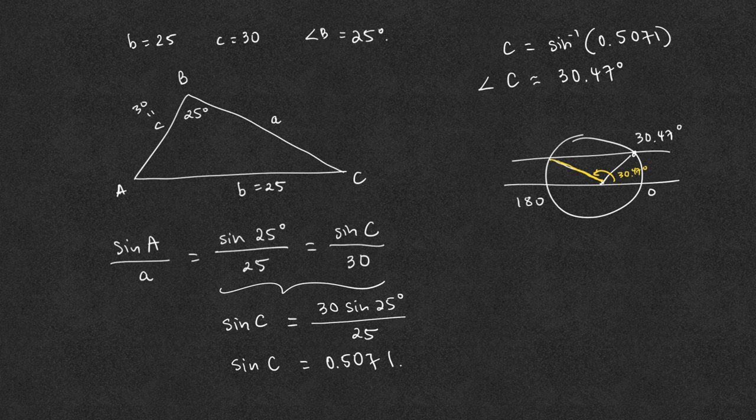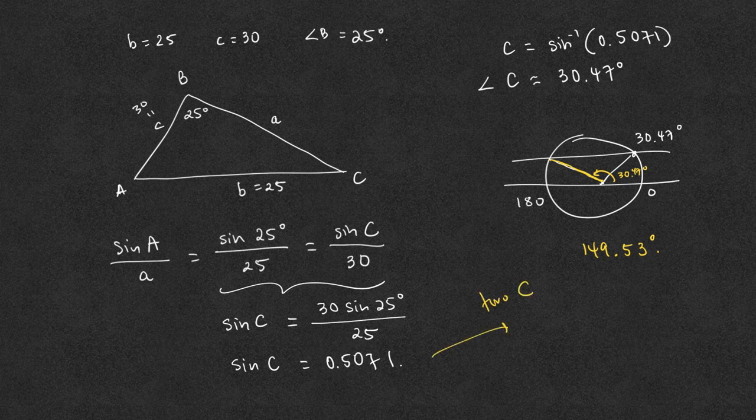To find out what this angle is, we simply take 180 minus 30.47, and so a second candidate is 149.53 degrees.